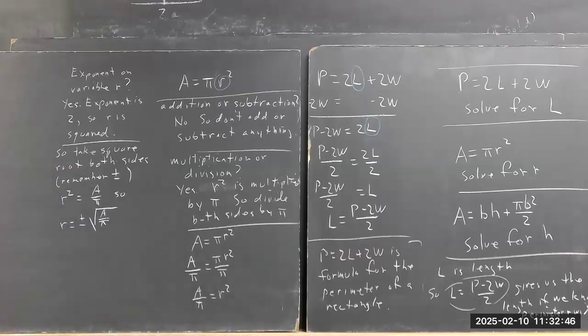Now, it turns out that now that you have the plus or minus, you say, but r is a distance that's never negative. So we can discard the negative.